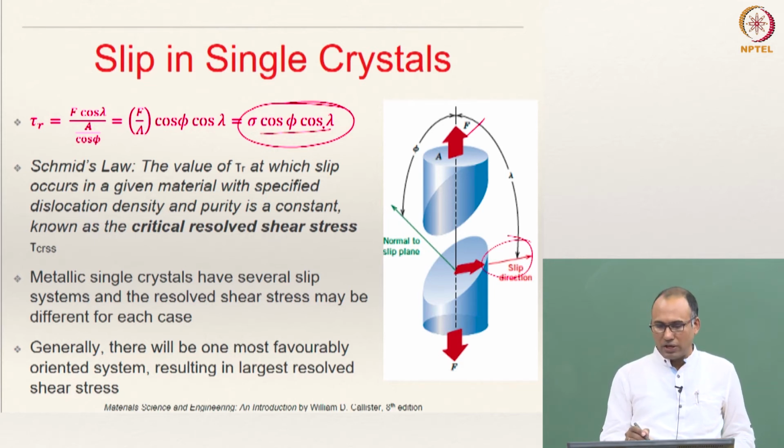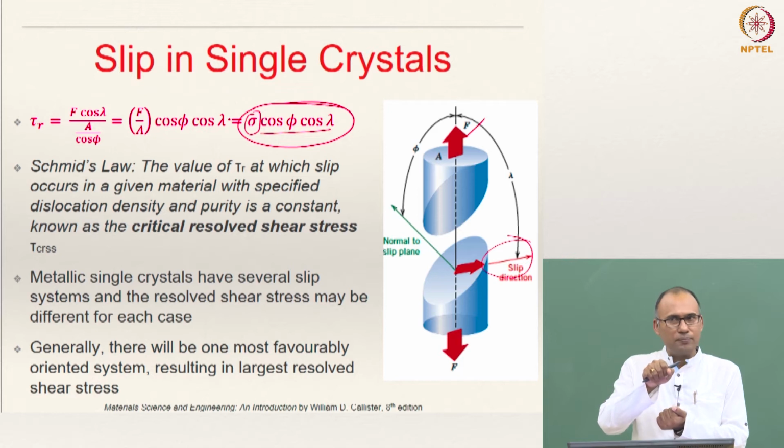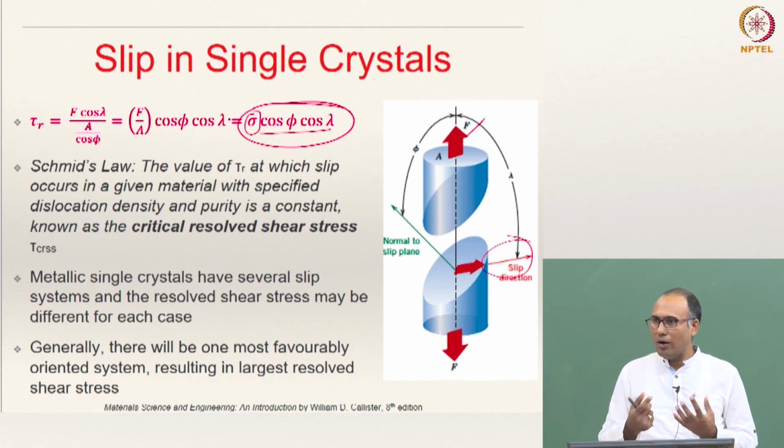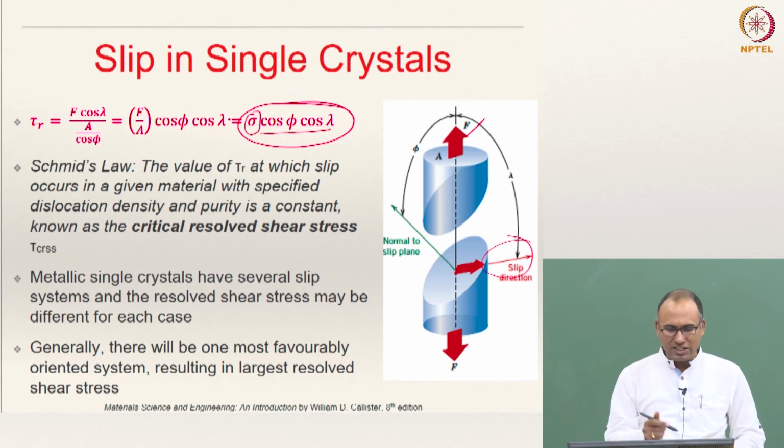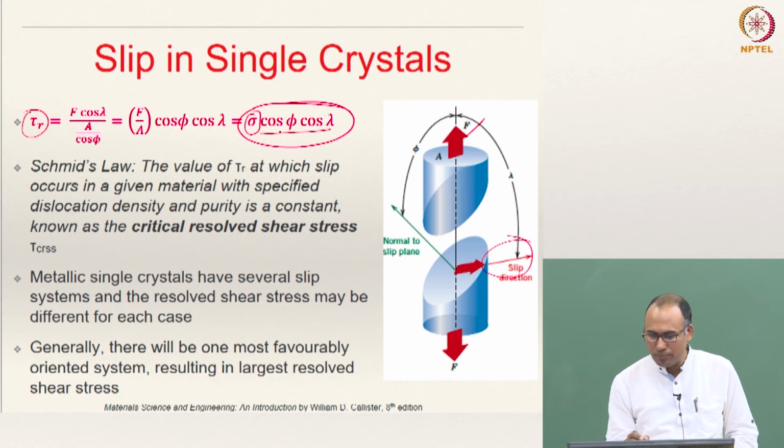So for a given applied stress, if you want to cause slip, you might want to have the resolved shear stress to be maximum for a given sigma. How can you make your resolved shear stress maximum? By playing with phi and lambda.